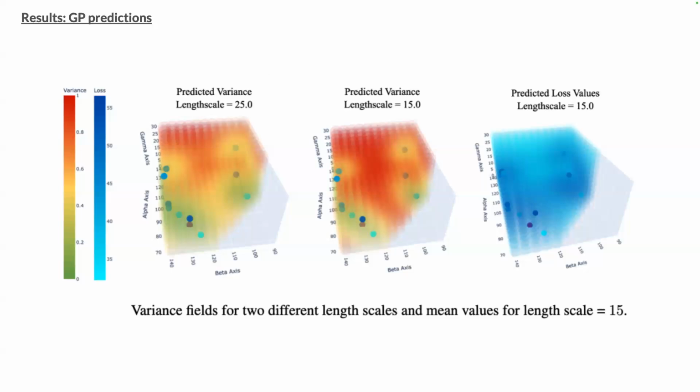These two plots are the prediction and the uncertainty across different length scales, 25 and 15. Because this is a large parameter space of around 1,000 and we only have 13 data points, the moment you decrease the length scale, the less it wants to say about anything further away from it.